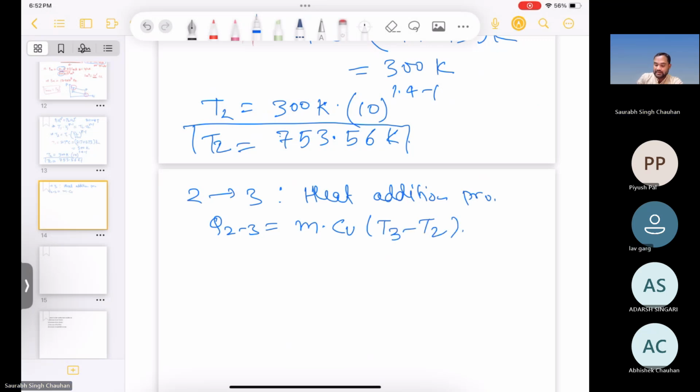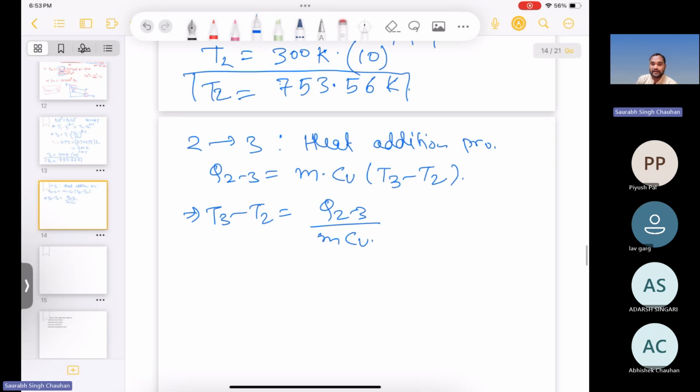So T3 minus T2 will be equal to heat added divided by mCV. CV is given in the question. The only thing is that we need to find m. So how do we find m?